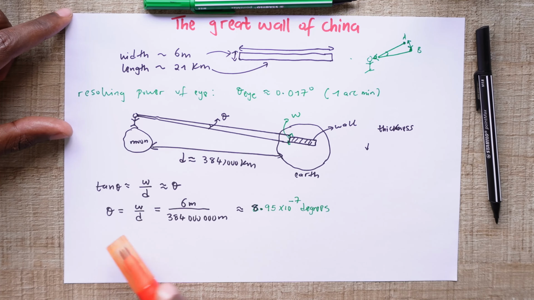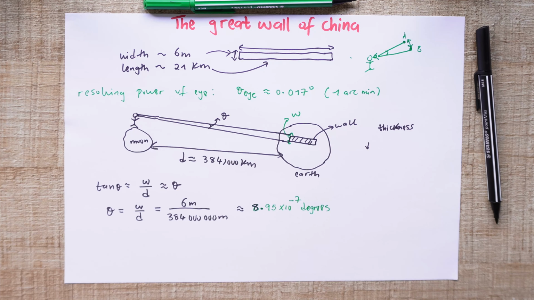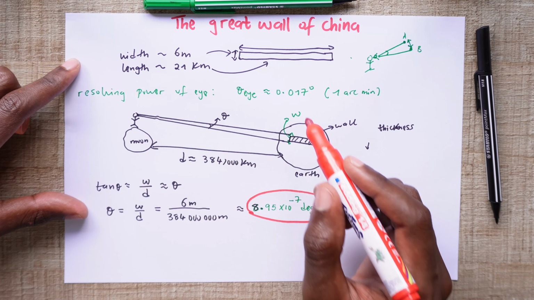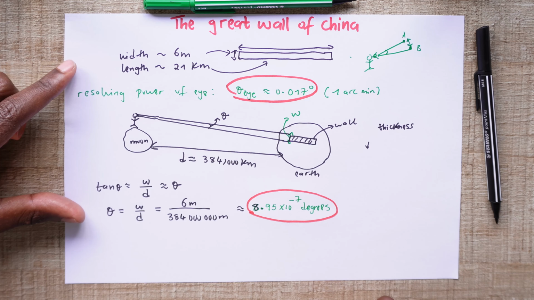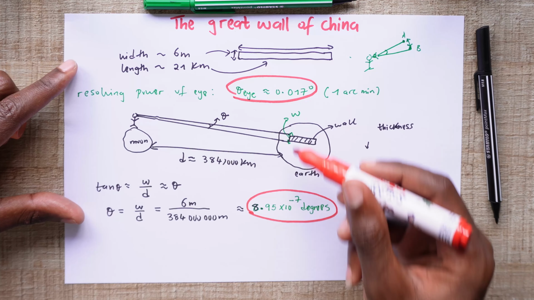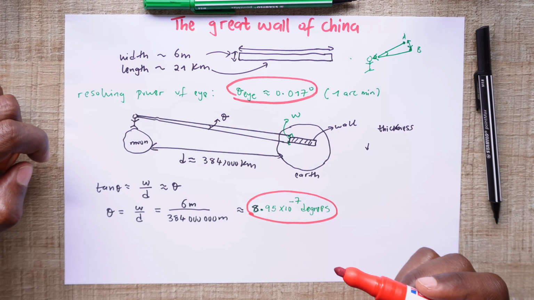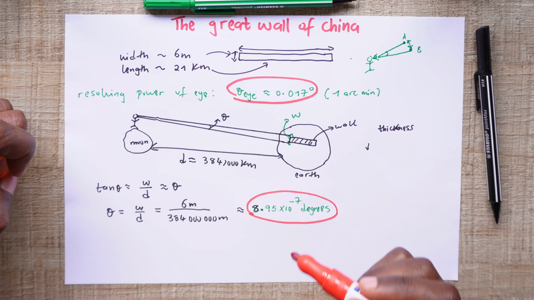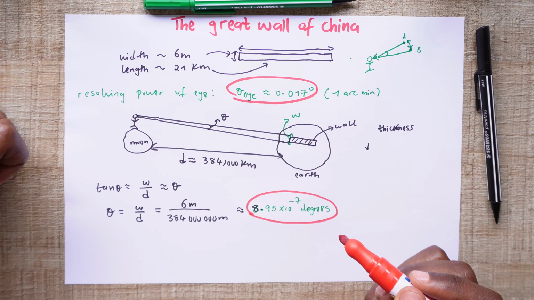So what you can notice is that the angular size, okay, of the width of the Great Wall seen from the Moon is much smaller than the resolving power of the eye. You can clearly see that it's orders of magnitude smaller, which means we won't be able to see the width of the wall or the thickness of the wall, and consequently the length of the wall.